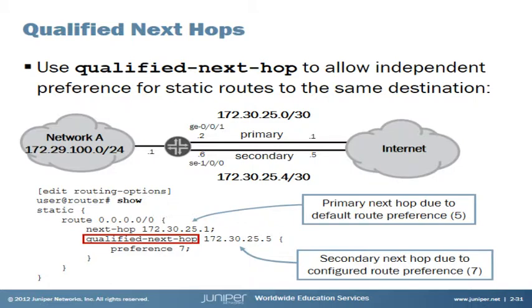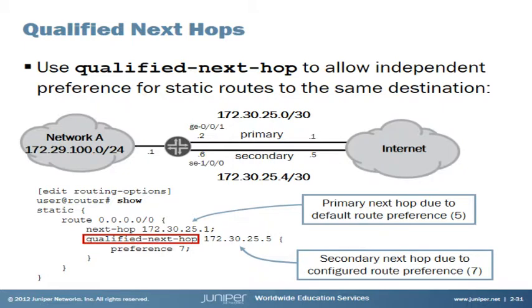Okay, so the lower the number, the more preferred. Yeah. So what effect would that have? As far as my routing table goes, I've got two next hops now for the same route. So I've got a default route with two next hops.